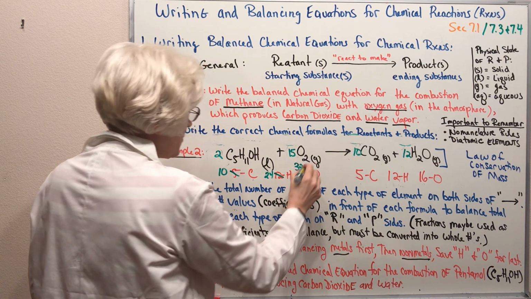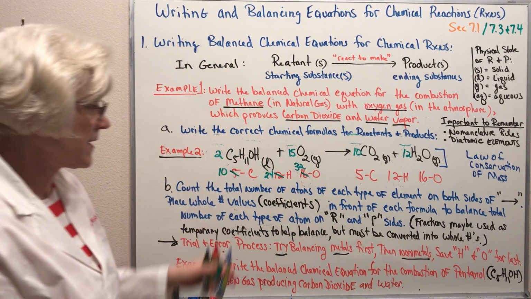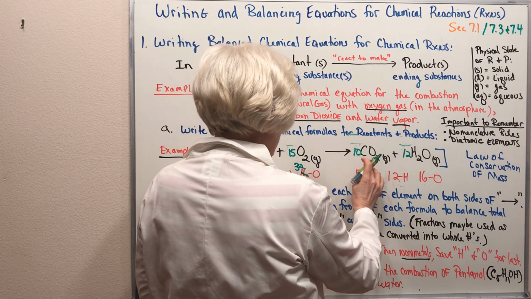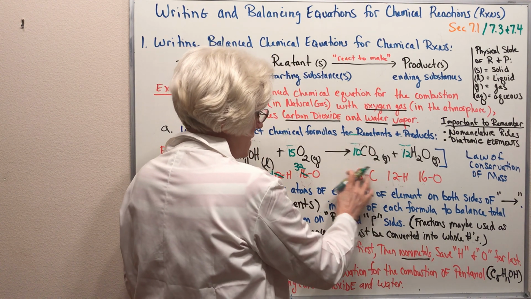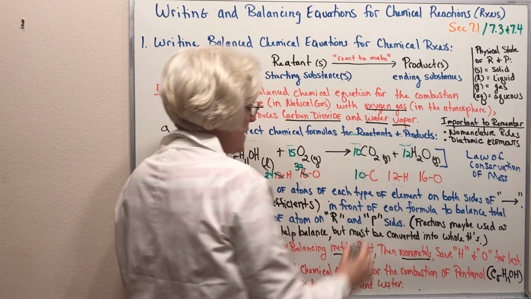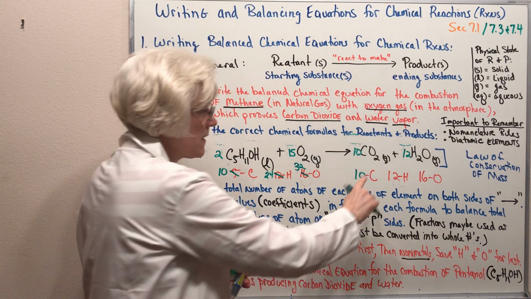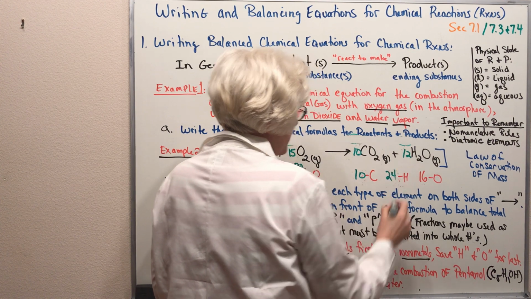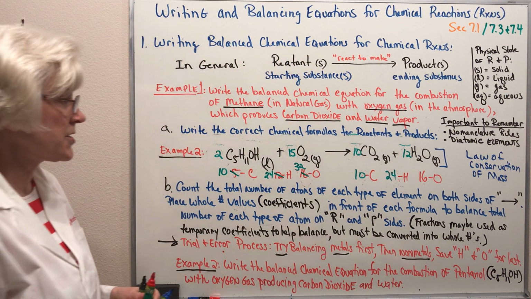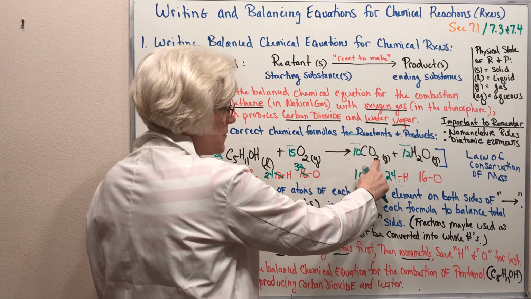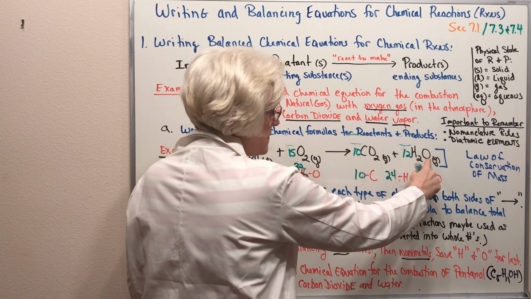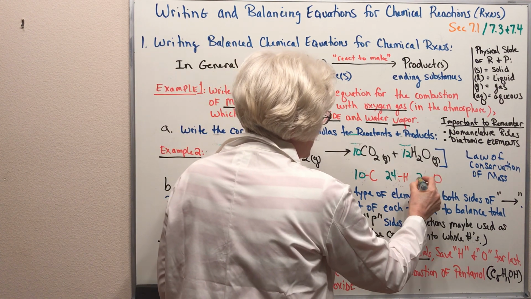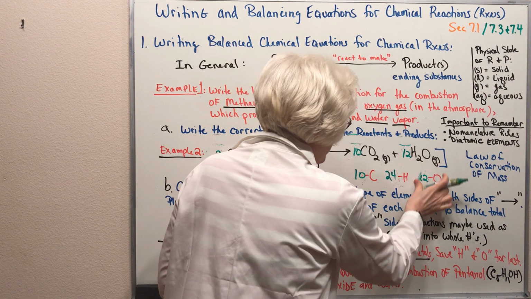So 32 oxygen on our reactant side. On the product side, 10 times 1, 10 carbon, 12 times 2, 24 hydrogen, and then finally our oxygen count, 10 times 2 is 20 oxygen, 12 times 1 is 12, and 20 plus 12 is 32 oxygen.